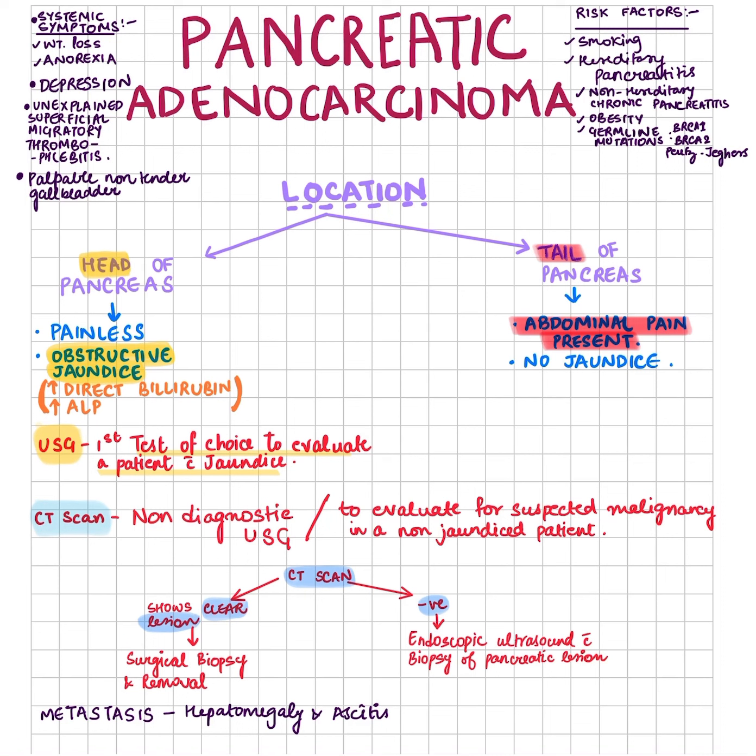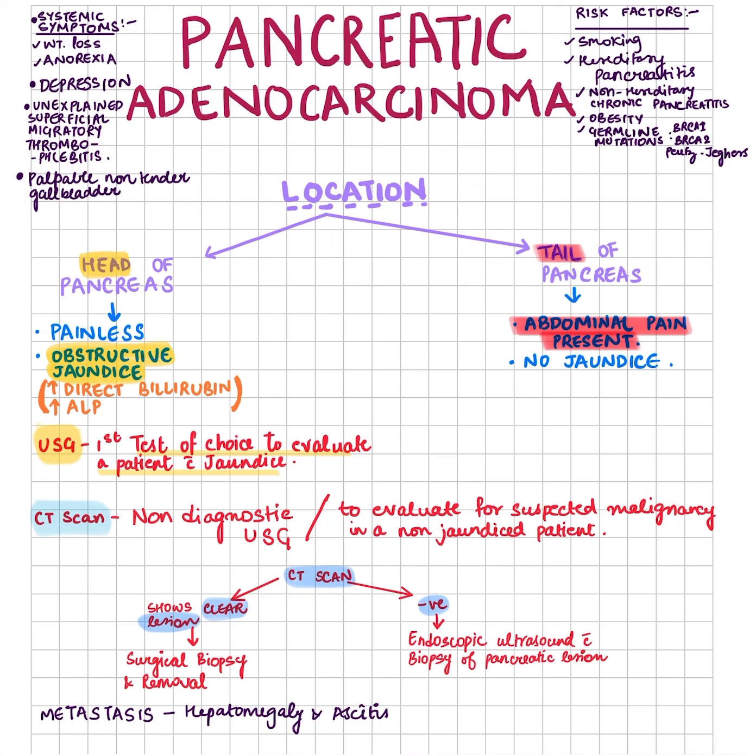And the next thing I would also like to add is about amylase and lipase. So many students confuse this, so I want to clear it out right now: they are elevated in case of pancreatitis, and they do not have any diagnostic value with respect to pancreatic adenocarcinoma.